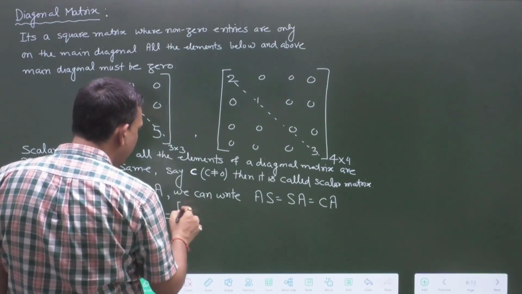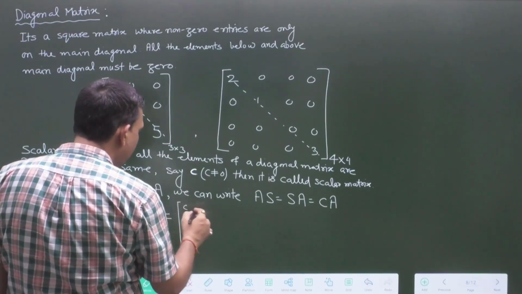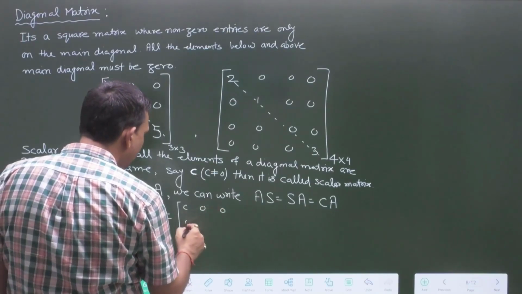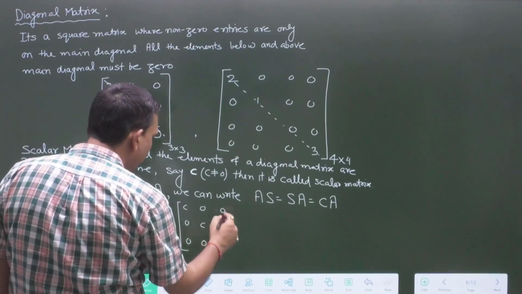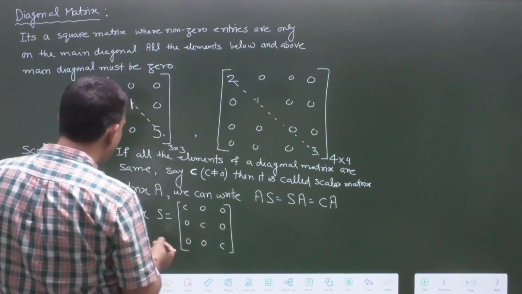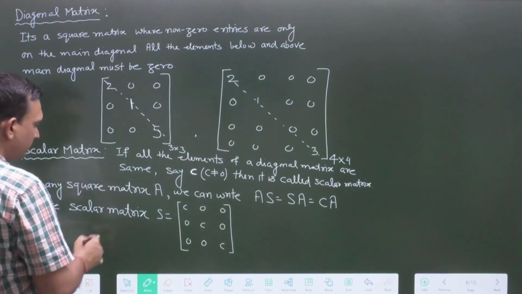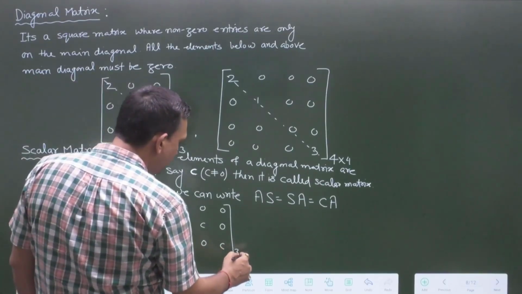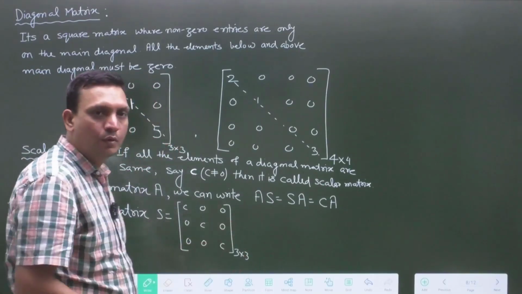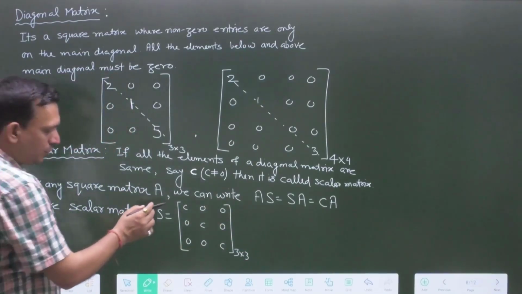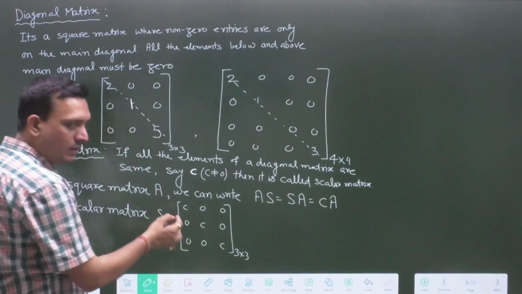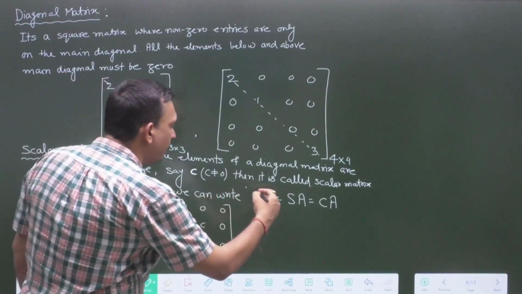I am taking one example, for example, C, 0, 0, of a 3 cross 3 scalar matrix. Similarly, you can have 4 cross 4, 5 cross 5, n cross n scalar matrix. So when all elements are same, let's say C, then you can always verify this condition.